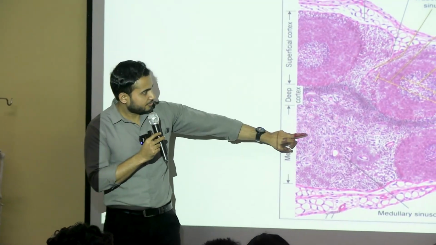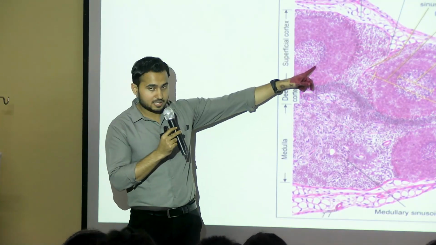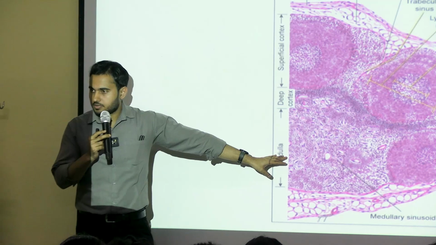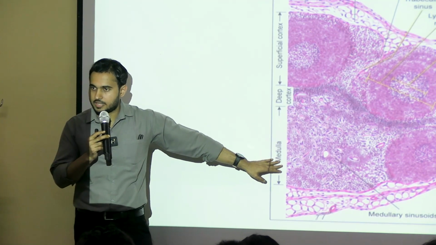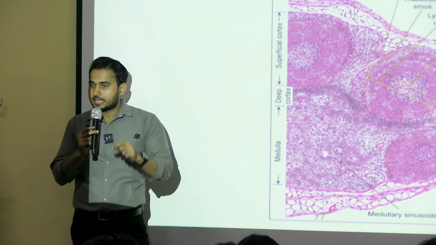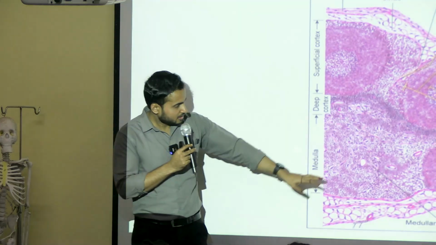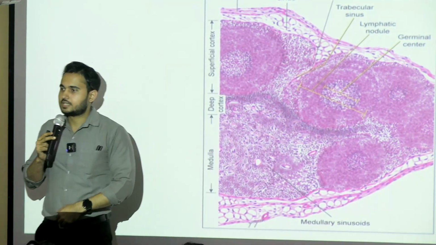So you can see the staining difference. The medulla is lightly stained, this is darkly stained. Why? In the medulla B lymphocytes are predominant, but the number of B lymphocytes is less. And in between the B lymphocytes you can see small spaces, and these are called medullary sinuses.